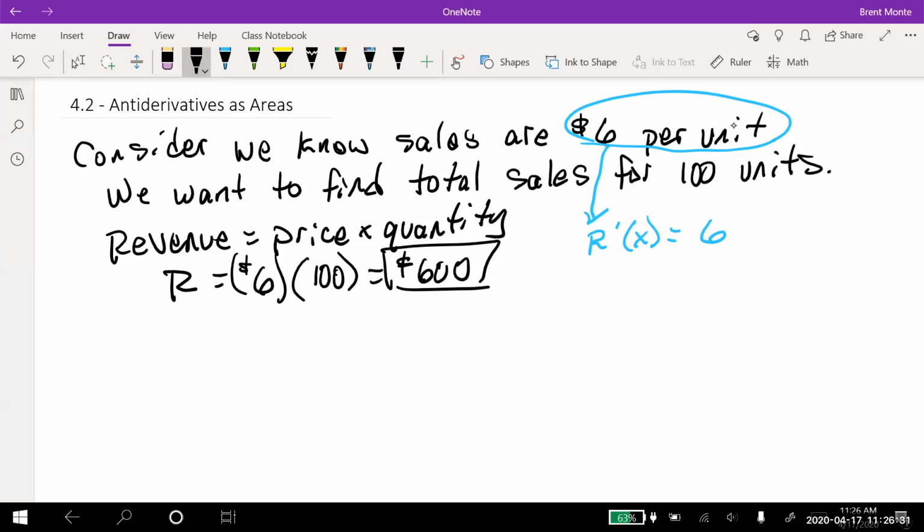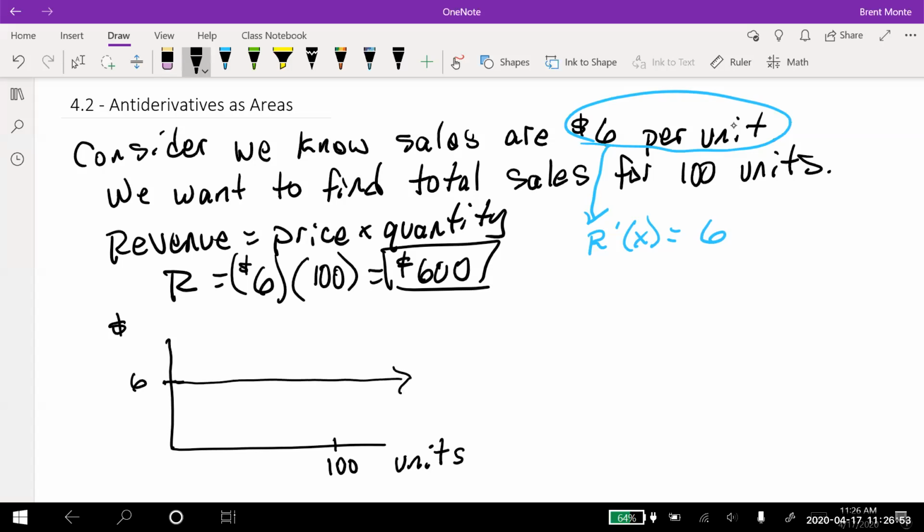So here's going to be my graph. This will be number of units down here. This will be dollars. Well, if I've got a 6 right here, and I've got 100 units right here, and I draw this graph out, notice what this graph is.